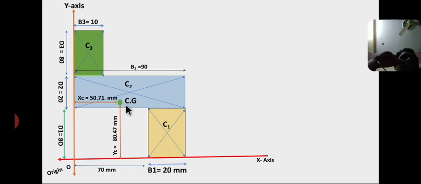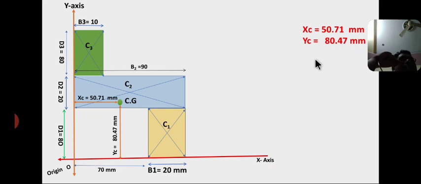So CZ is the centroid of the entire section, whereas C1, C2, C3 are the individual centroids. So the final answer is xc equal to 50.71, yc equal to 80.47 mm. So this is the final location of the centroid. This is the final position.